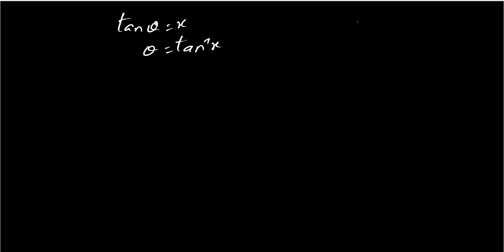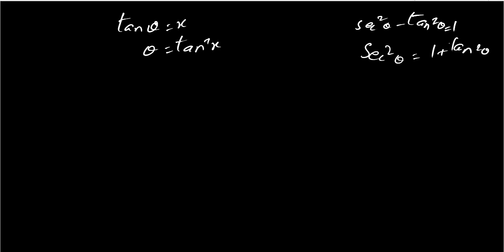This identity secant square theta minus tan square theta equal to 1. From this, we can arrive secant theta as secant square theta equal to 1 plus tan square theta.